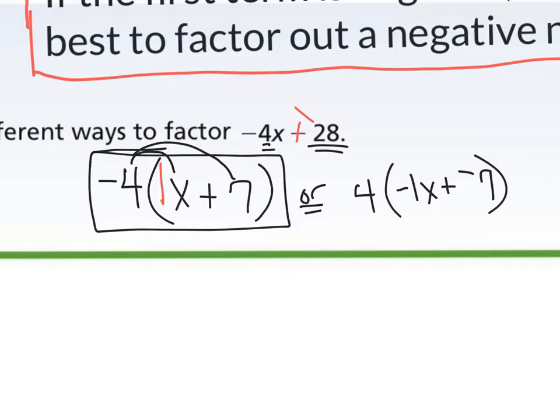Again, with the directions they gave us, we would need both of those, but technically this first one would be the long-term solution that you'd want to find. One other thing, the second option here, just a slight variation we could do on that. We could do 4 times negative 1x minus 7 would be the same thing. Add the opposite, you'll see that those are equivalent.